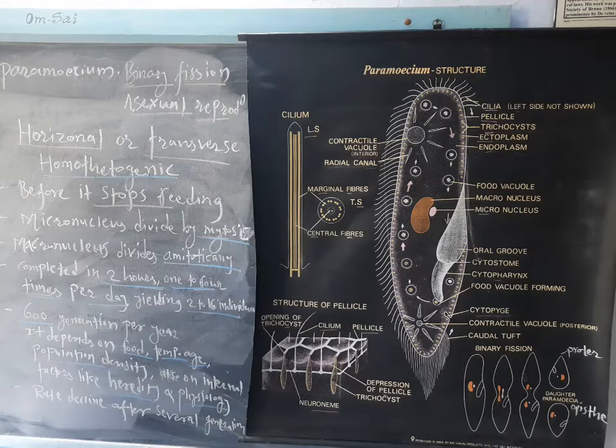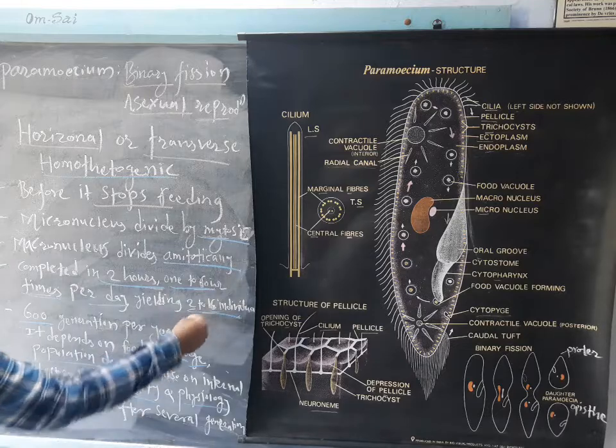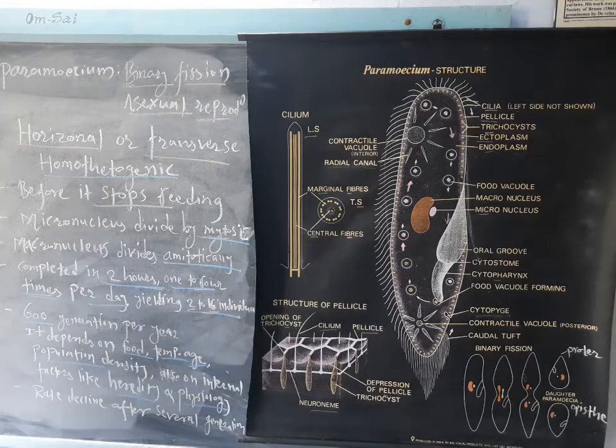If it is carried out one time, it produces 2 paramecia. So with 1 to 4 rounds, it forms up to 16 individuals. Paramecium carries out binary fission up to 600 generations per year, which means in one year about 600 generations of daughter parameciums are produced by a single parent Paramecium.